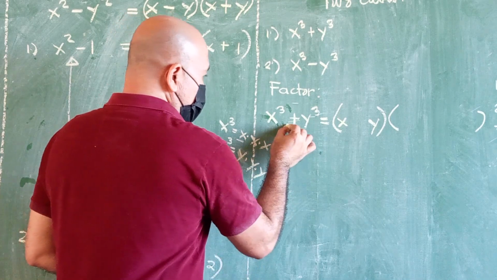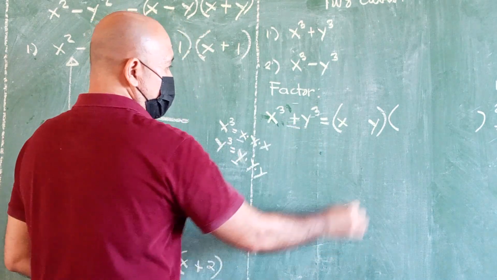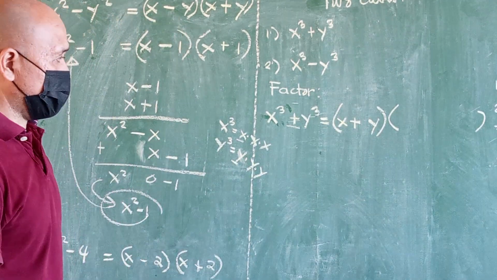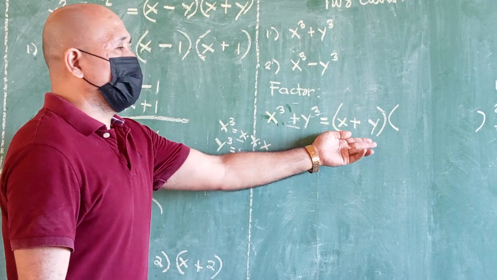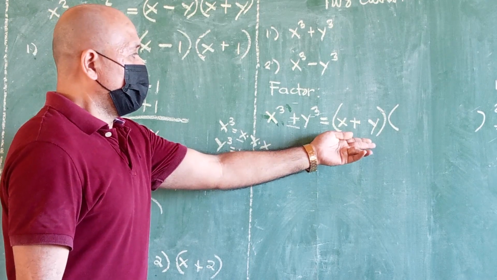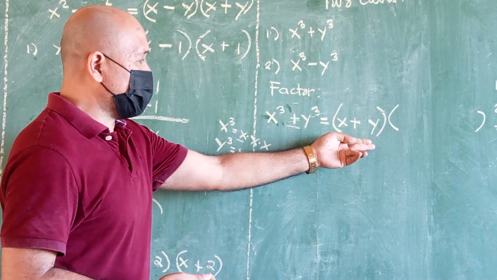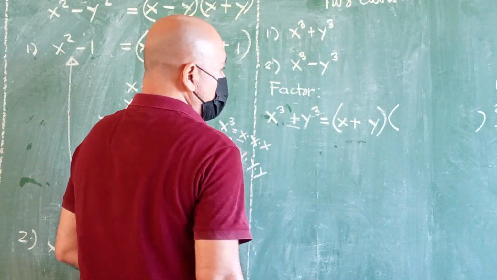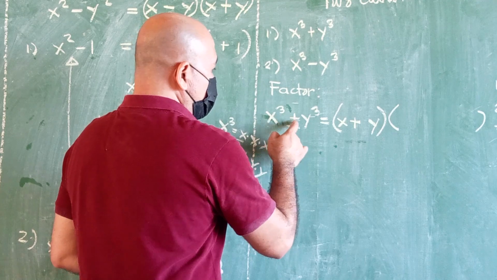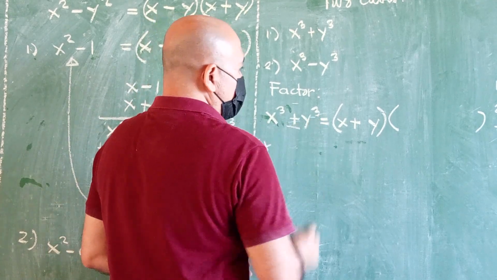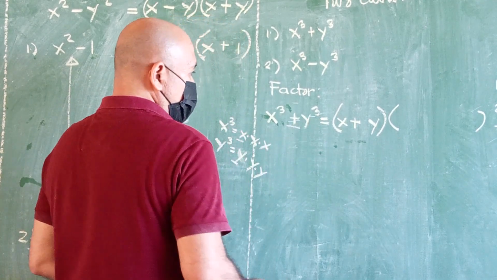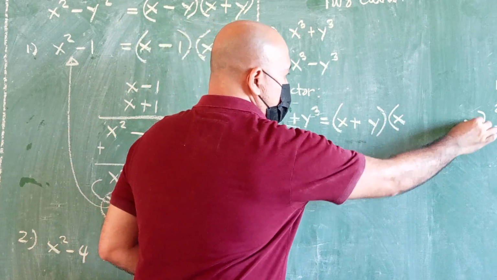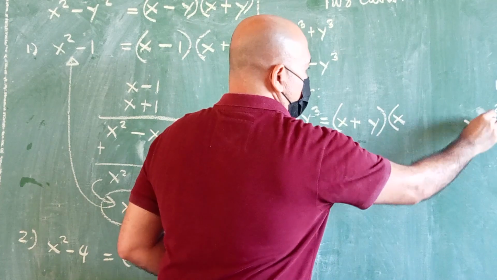And then use the original operation, which is plus. Okay, that's it. You now have your first factor, the binomial part of your factors. Let's proceed to the trinomial part of the factors of x cubed plus y cubed. The same: the first term is x, the last term is y.